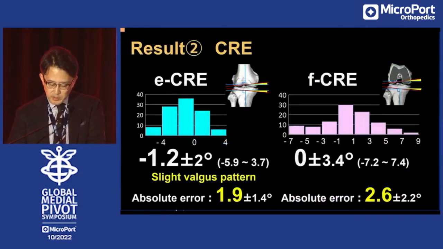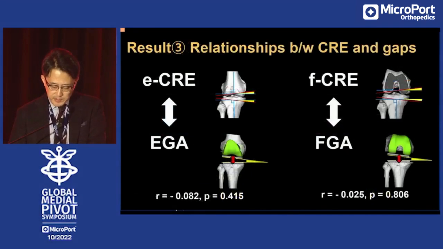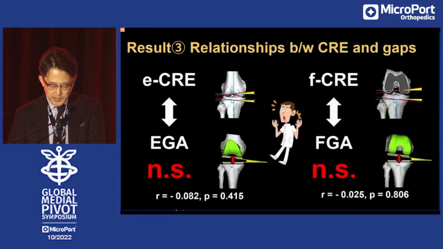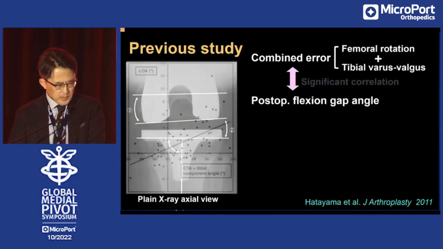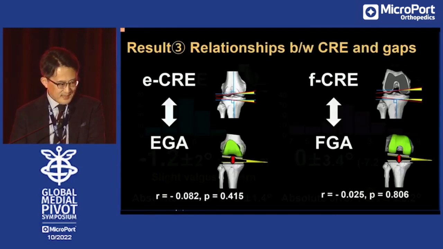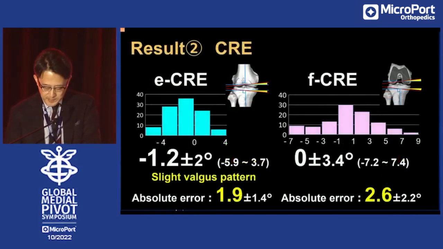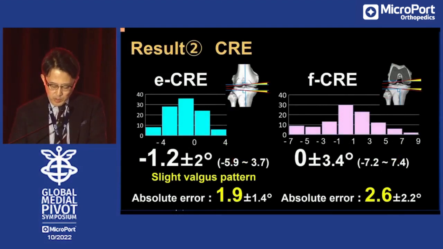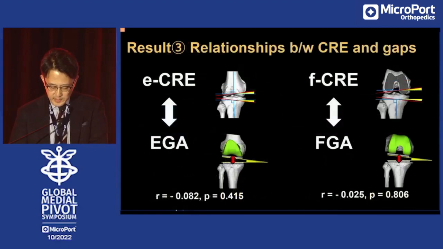This slide shows the result of CRE. The mean ECRE was minus 1.2 degrees, which means a slight valgus angle, while that of FCRE was 0 degrees, although the deviation was a little bit greater than that of ECRE.